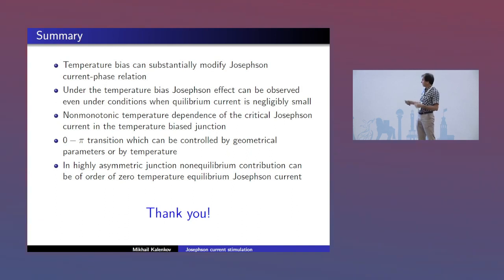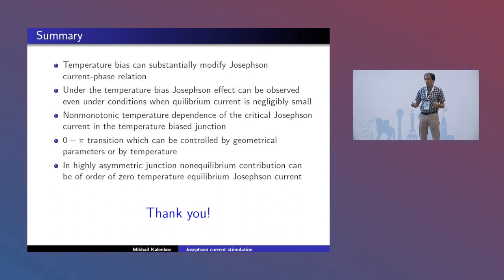So that is the summary. We proposed a new type of junction, a thermally biased Andreev interferometer, whose parameters can be tuned by the temperature. And we find it quite unusual that by changing the temperature, we can switch the junction from the 0 state to the pi state.